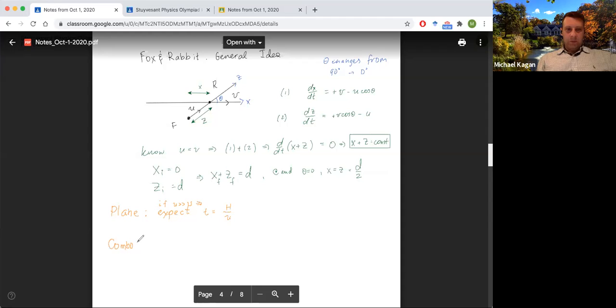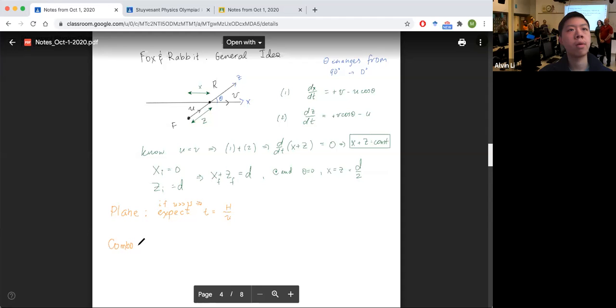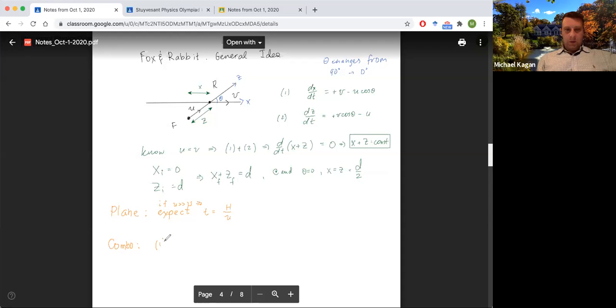Yeah. Equation 1 times v, and equation 2 times u. What does it give us?